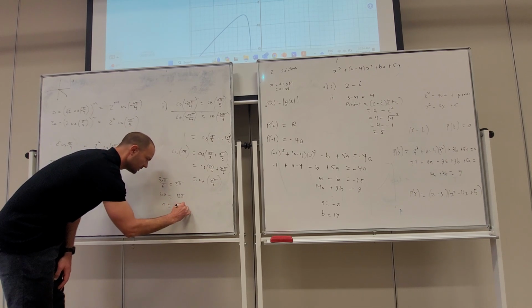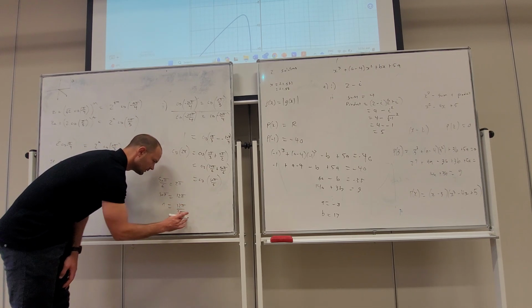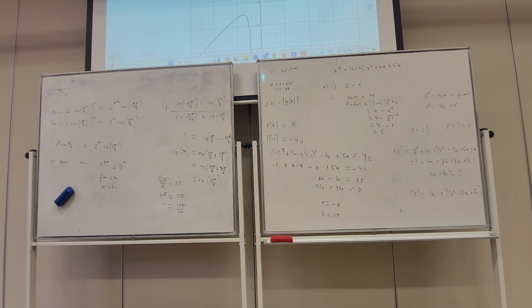Now that is not an integer value, is it? That's 12 on 5. What that tells us is that's the smallest real number for which it's true, but it's not an integer value. We need an integer value. So then the next one would be 24 on 5, such that z1 equals z2.